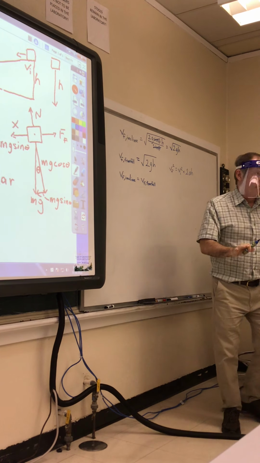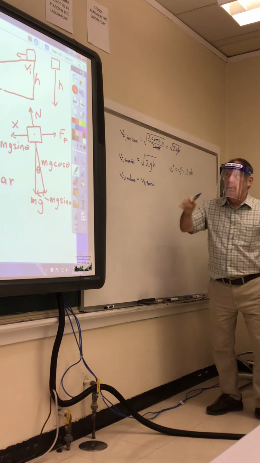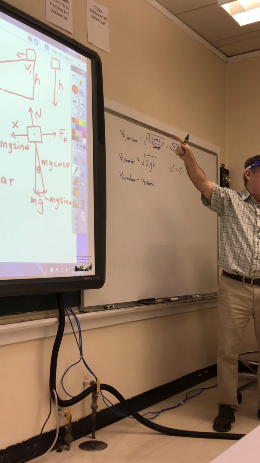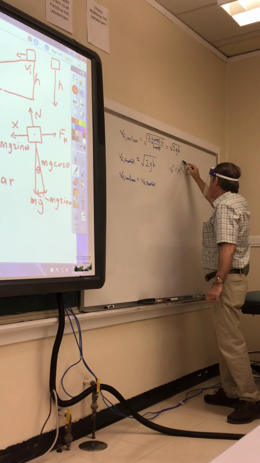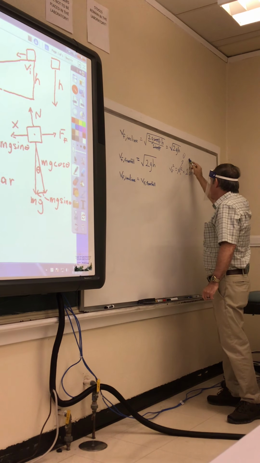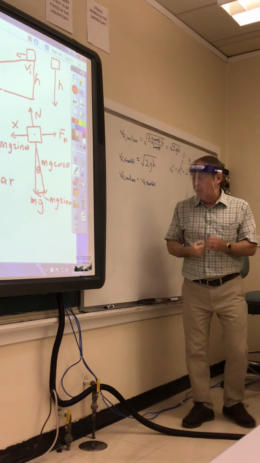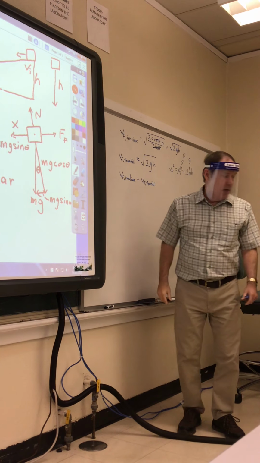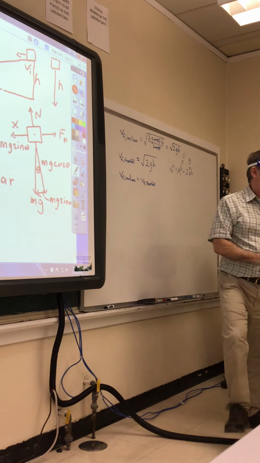Same equation, but we don't have any initial speed on the free fall block, so that's equal to 0. A is equal to G, gravitational acceleration, because there's nothing hindering it.